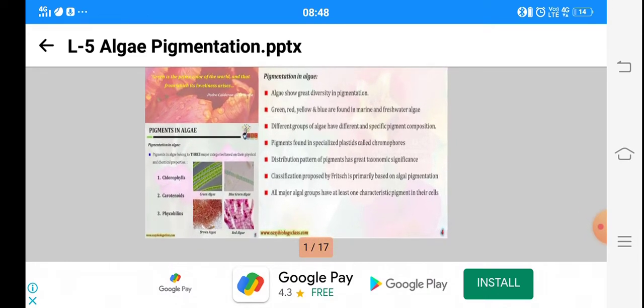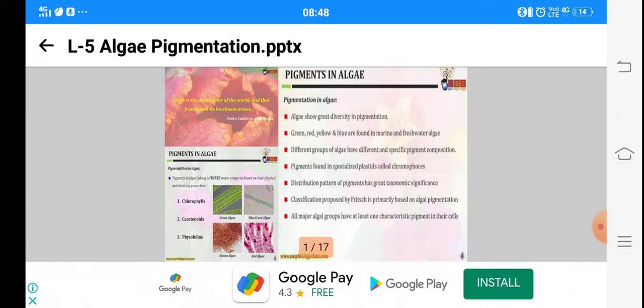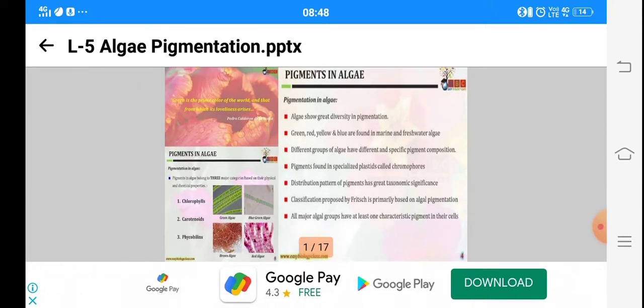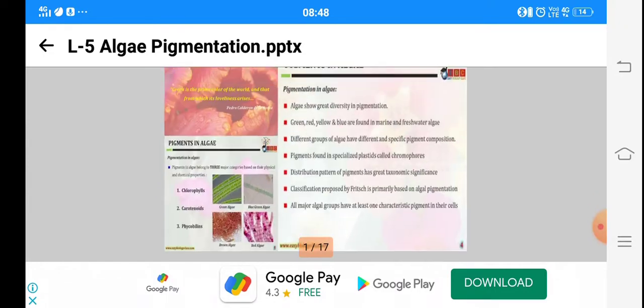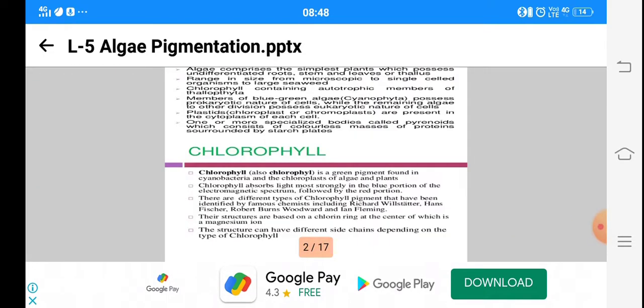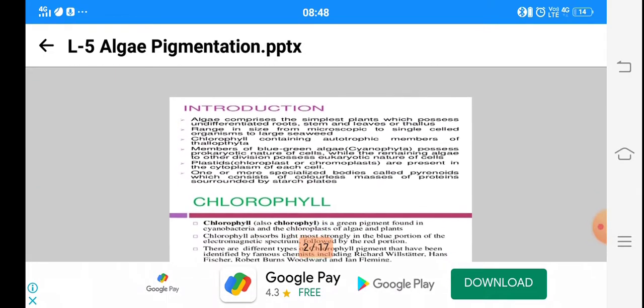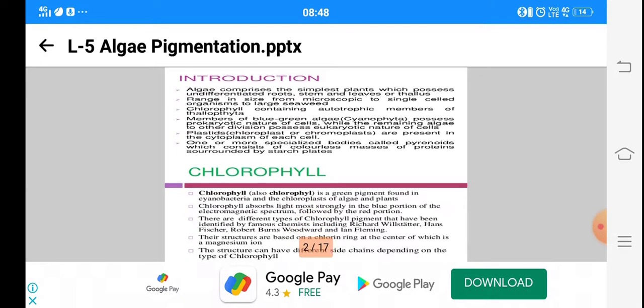We are observing this classification. These major algal pigments are found in certain cells and have characteristic features. As an introduction, algal plants mostly possess an undifferentiated thallus, that is, without root, stem and leaves.